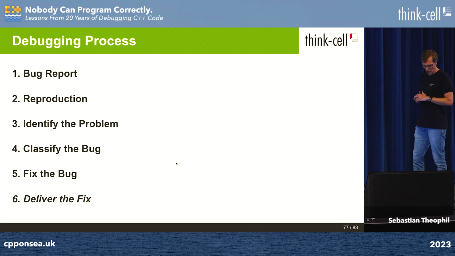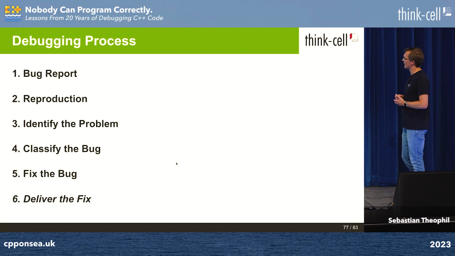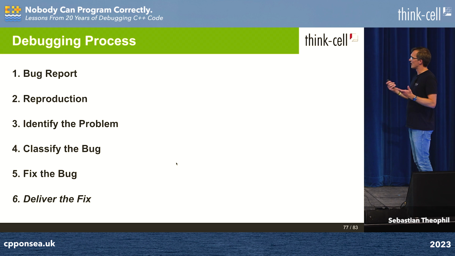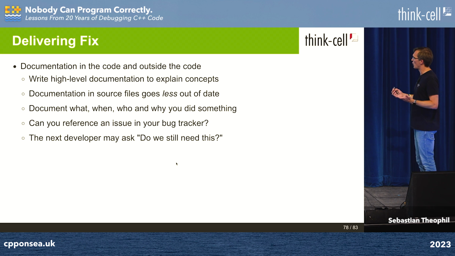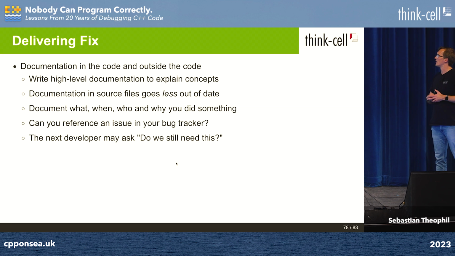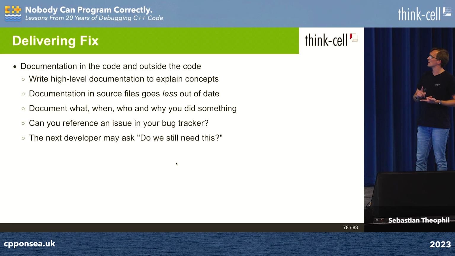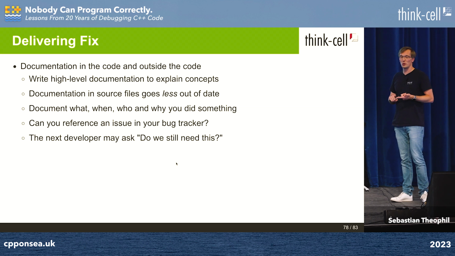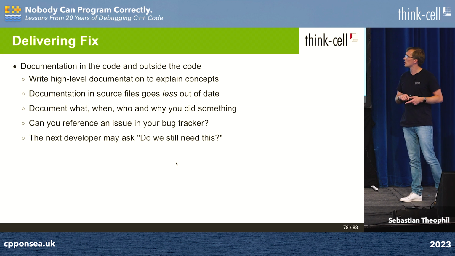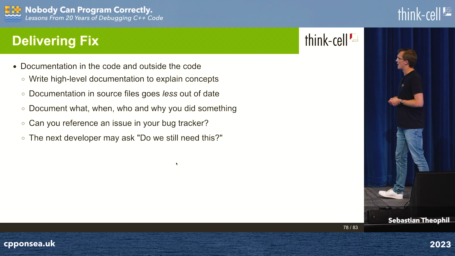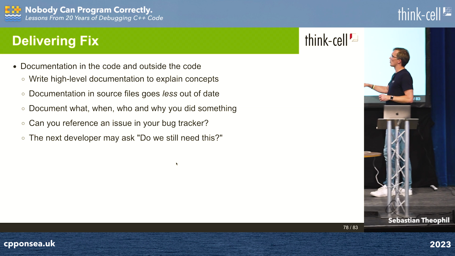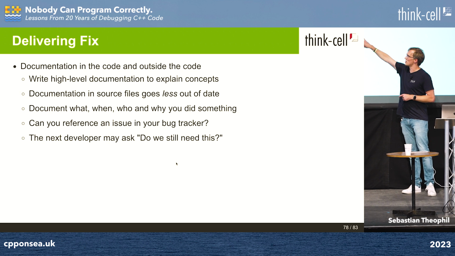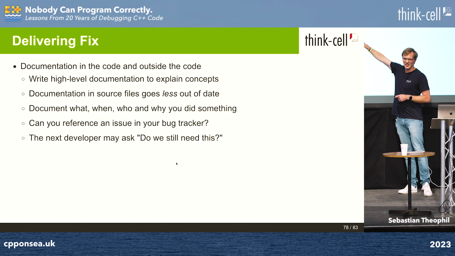Okay, and now we are almost done. Now we can deliver the fix, and now we are doing a lot of things that I hope everybody does already. We are documenting what we did and why we did it, and probably we're documenting why we did something in the code. And I want to point out that one very important question that documentation needs to answer is, do we still need this?